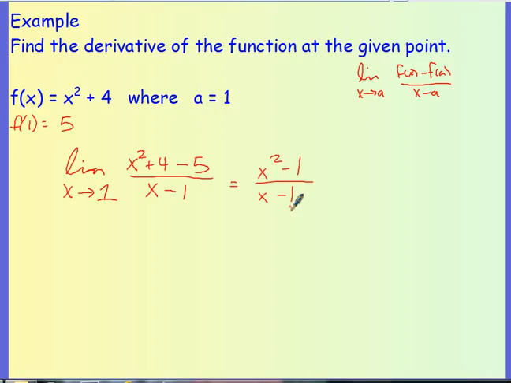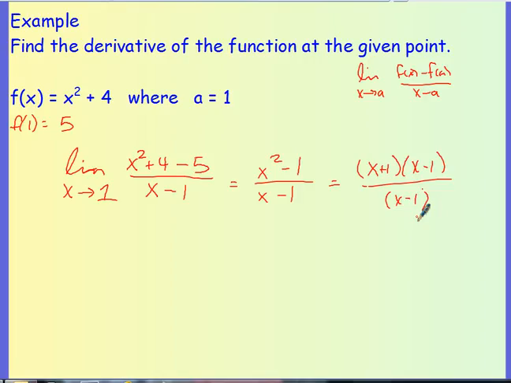X squared minus 1 is technically my x squared, my b is 0, and my c is negative 1. You see what I'm talking about? So can I factor, are there factors of negative 1 that add up to 0? So you're telling me that the top is really x plus 1 times x minus 1. Agreed?